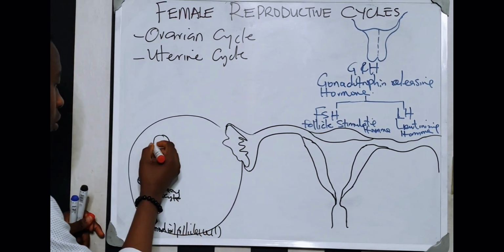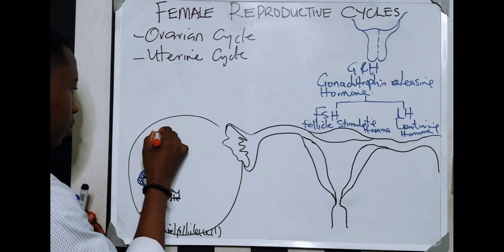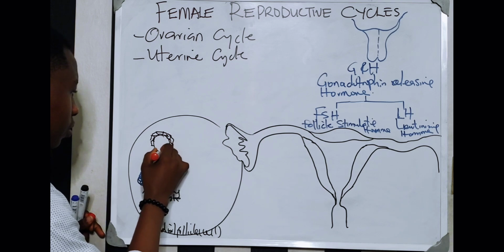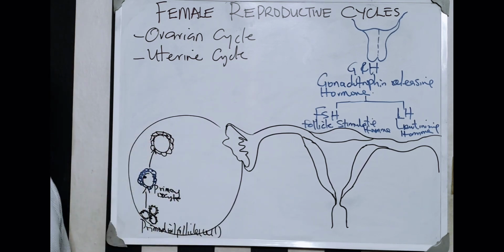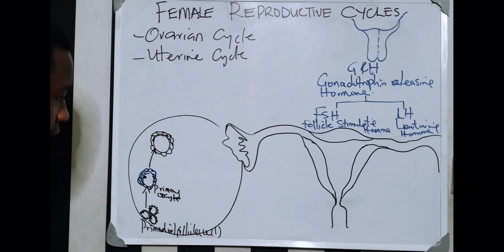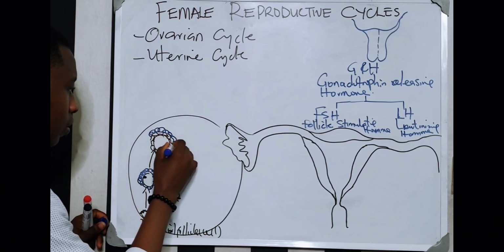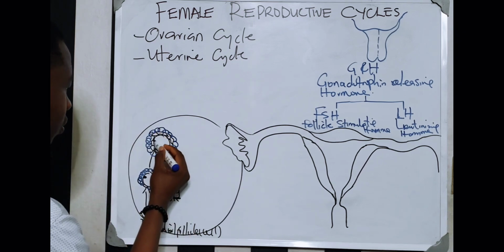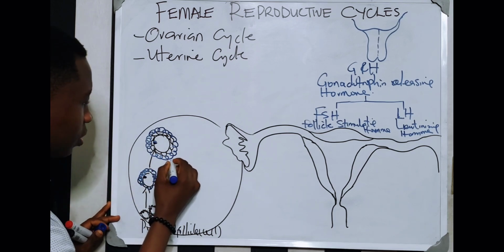The follicles in the secondary oocyte are cuboidal in shape, thicker follicles. Now the function of these follicles is just to protect the egg that contains the genetic material. So these are the follicles that protect the egg. So this is known as the secondary oocytes.